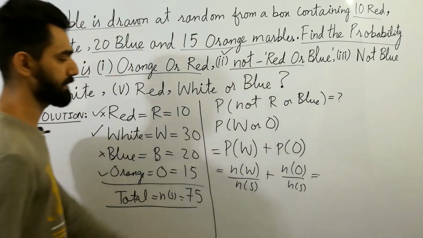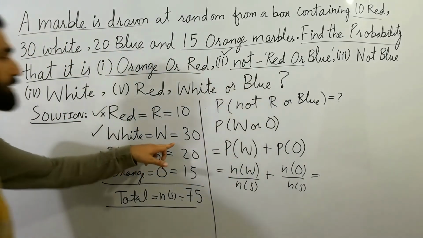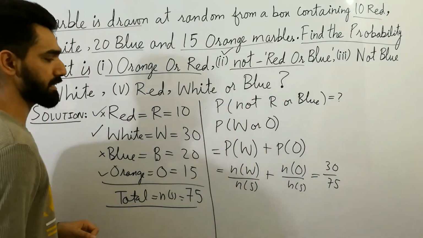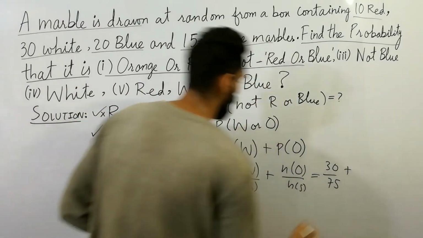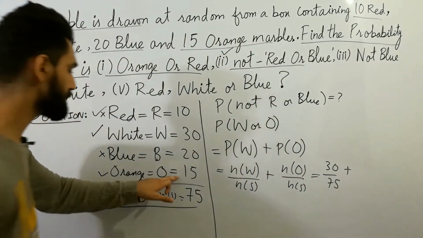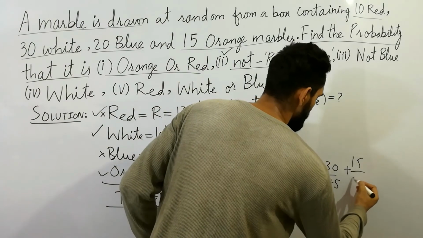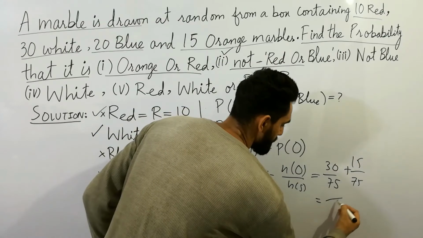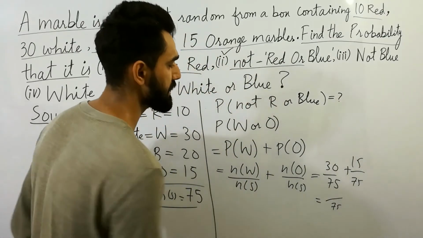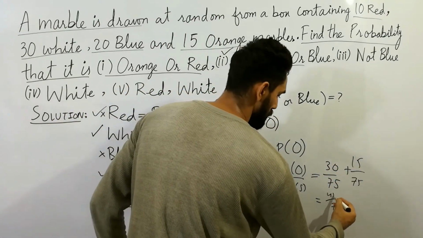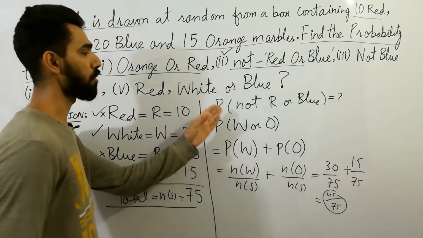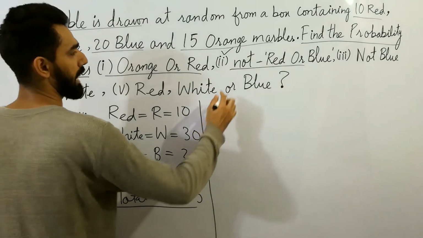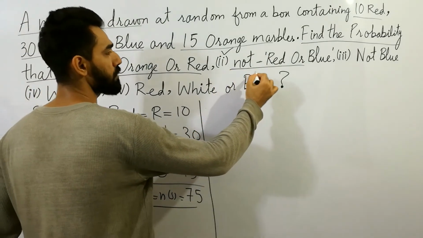Number in white is 30, so 30 over 75, plus orange 15 over 75. That gives 45 over 75. So this is the probability of not red or blue.